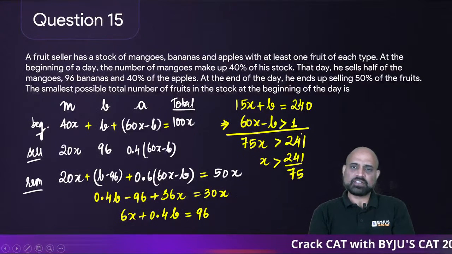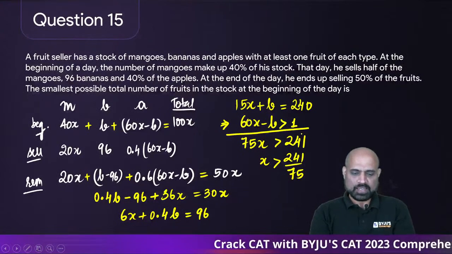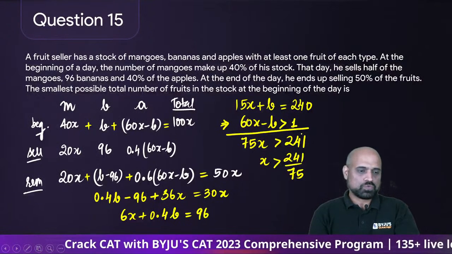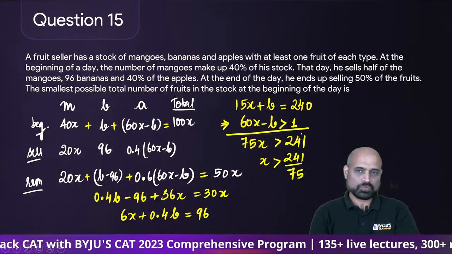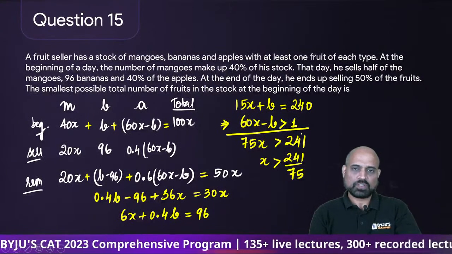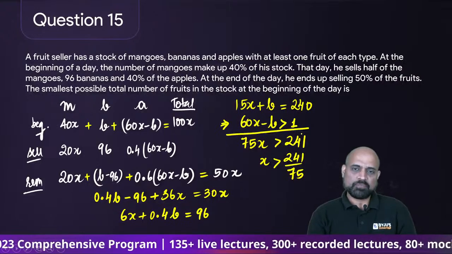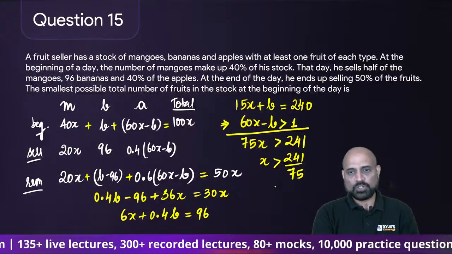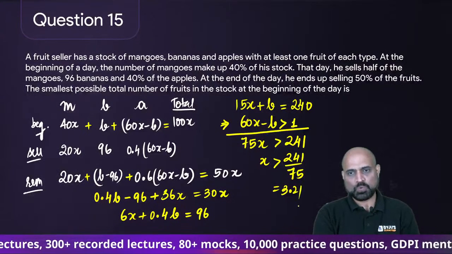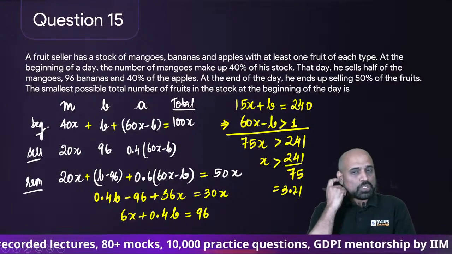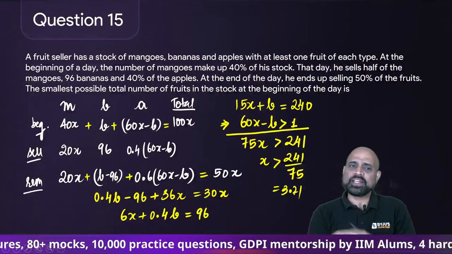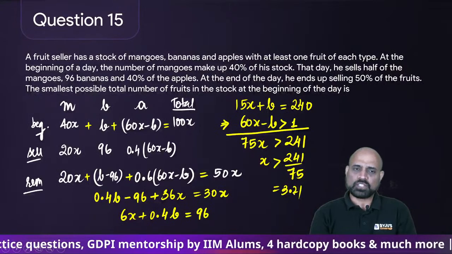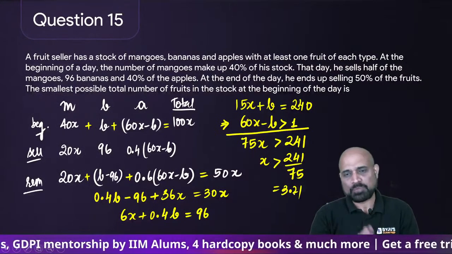To make it exact, ये मेरे को 3.2 देगा, 3.21333. So if we take 321 total या 320, नहीं 321 मिनिमम लेना पड़ेगा.